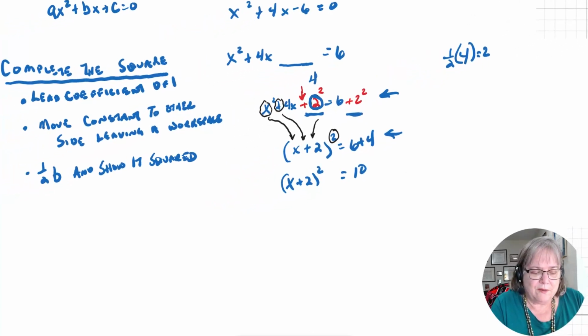So let's go over here for a second and think about our list. You took half of b and you show it squared and you add it to both sides. Then you show the binomial square on the left.